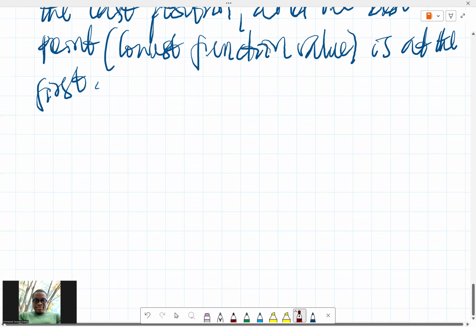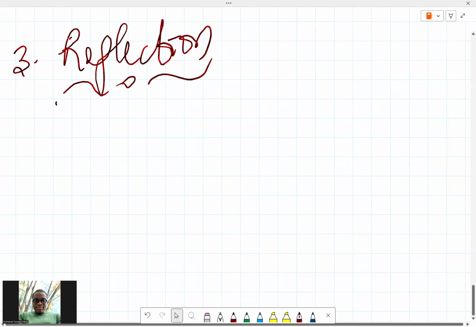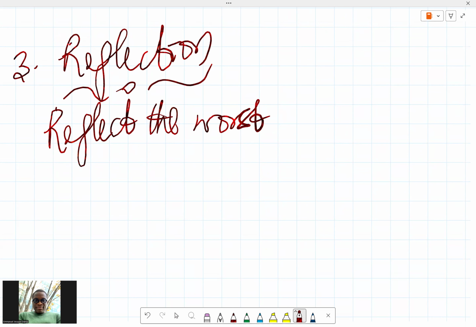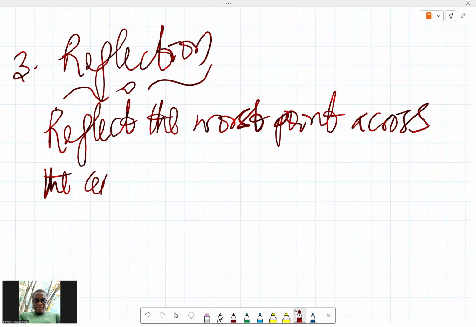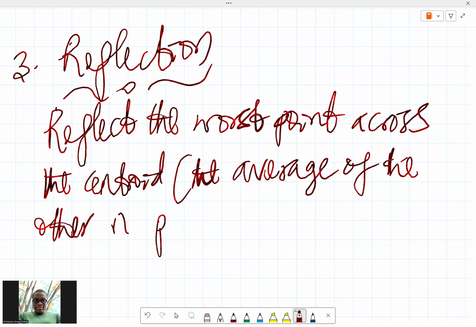Then we go for step 3, where we talk about reflection. Here you reflect the worst point across the centroid. The centroid is the average of the other endpoints.